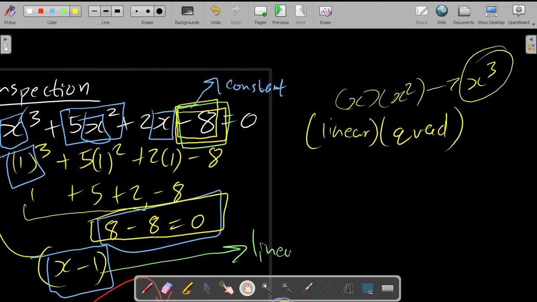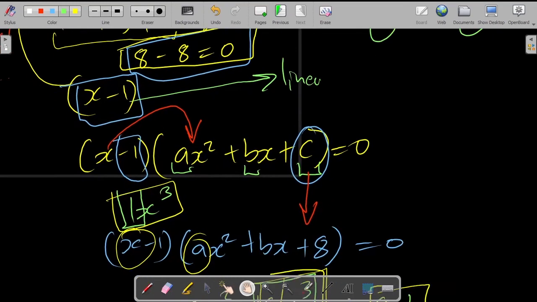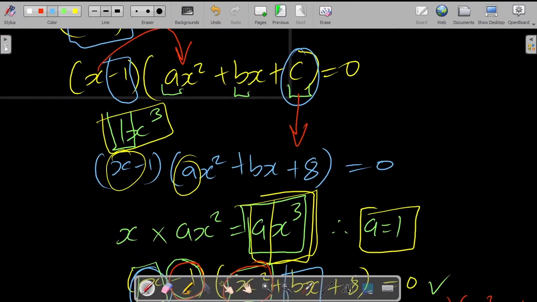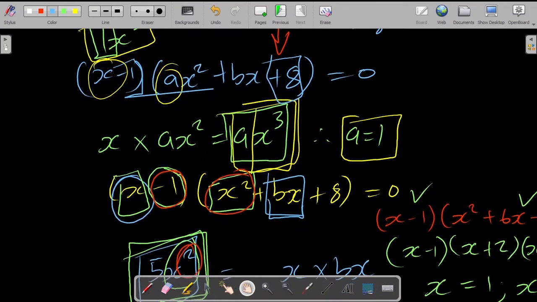And you can then look at your constant over here to determine the constant of your quadratic factor, because you'll get that from multiplying this constant with that constant. That is what we basically did to find this plus 8. If you multiply that minus 1 with this plus 8, you should get the minus 8 in the original equation. That is the first thing that you can do.